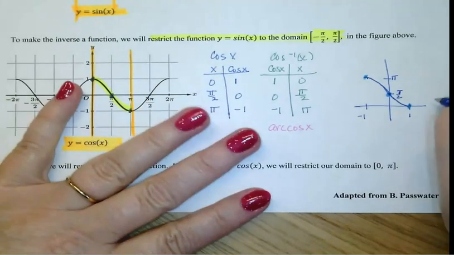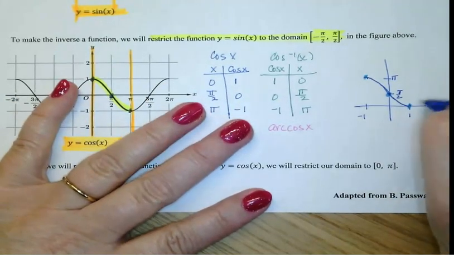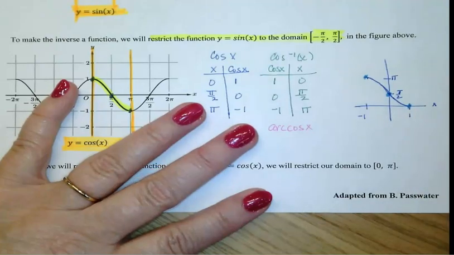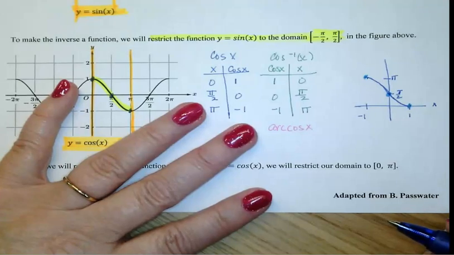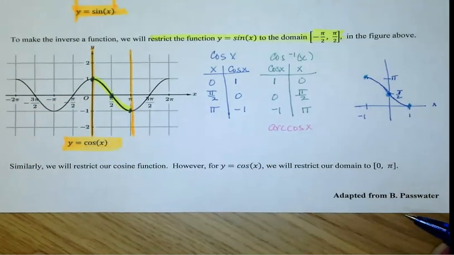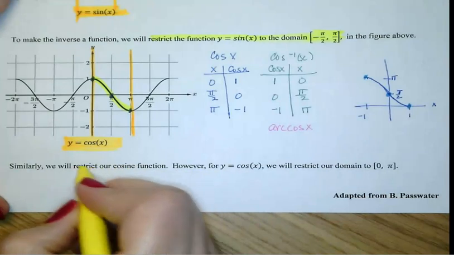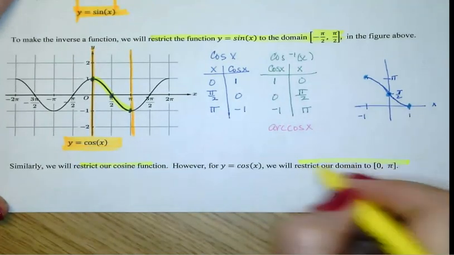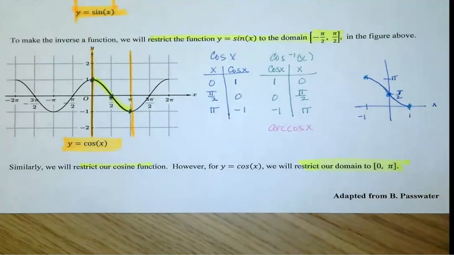And remember again that now the outputs would be my x and my angles would be my y. Okay, so keeping that in mind, same thing is true that when we restrict our cosine value, we're going to restrict the domain from 0 to pi.